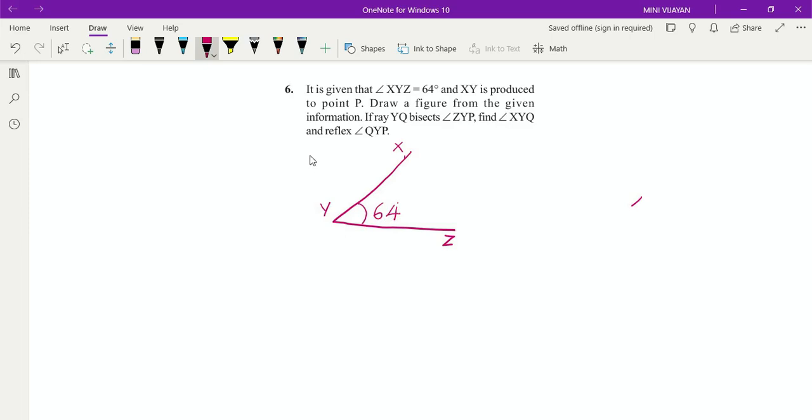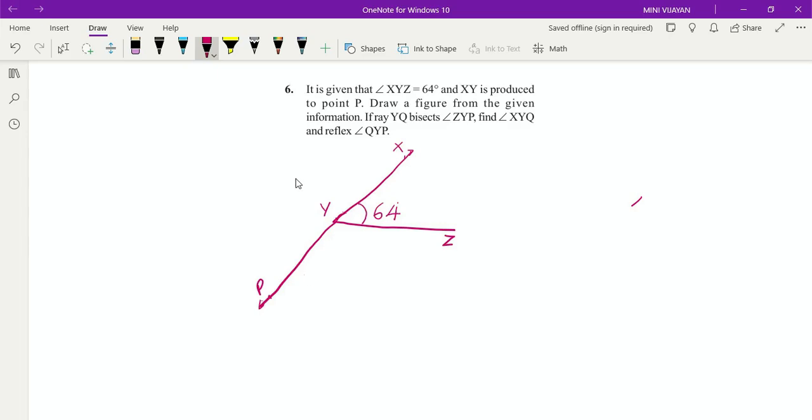Okay, and XY is produced to point P. You can see XY here, right? The ray XY is this one. So ray XY is produced to point P. Producing means I'm just extending this ray to point P. So we get XYP as a straight line when I produce.